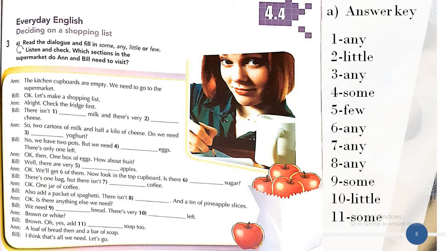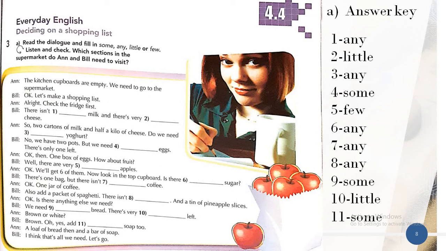So one, there isn't any milk and there is a very little cheese. 3, we have, do we need any yogurt? 4, but we need some eggs. 5, there are very few apples. 6, now look in the top cupboard.